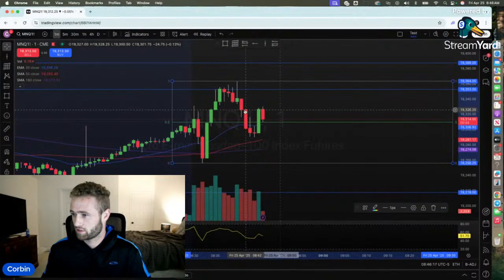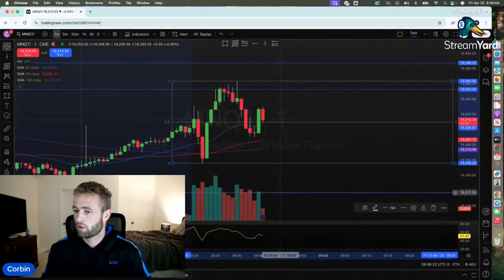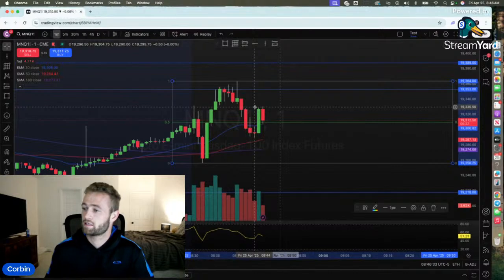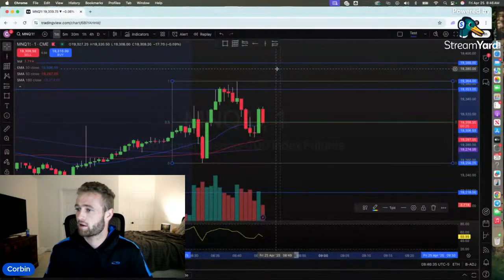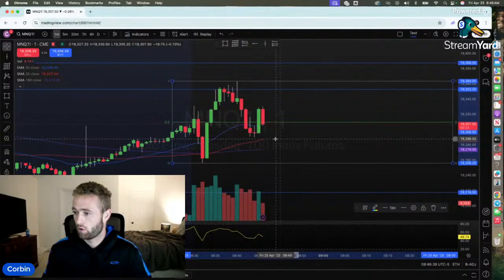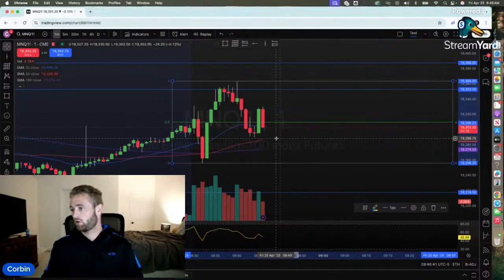You can see we had a change of direction right here as it broke below that previous high. But we're still making higher highs, higher lows. In order for this continuation to the upside to be considered valid, it needs to break above this previous higher high or below this lower low.